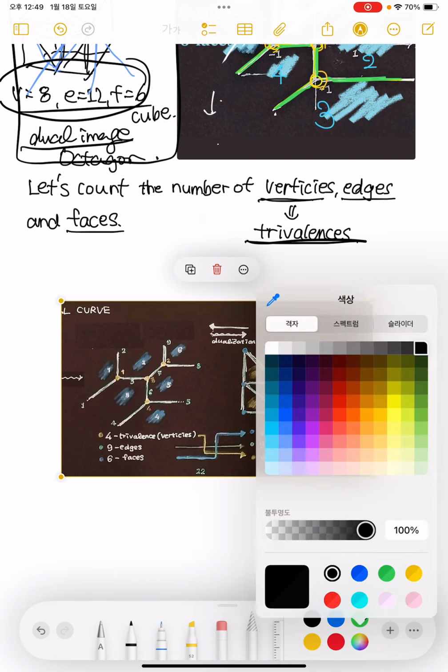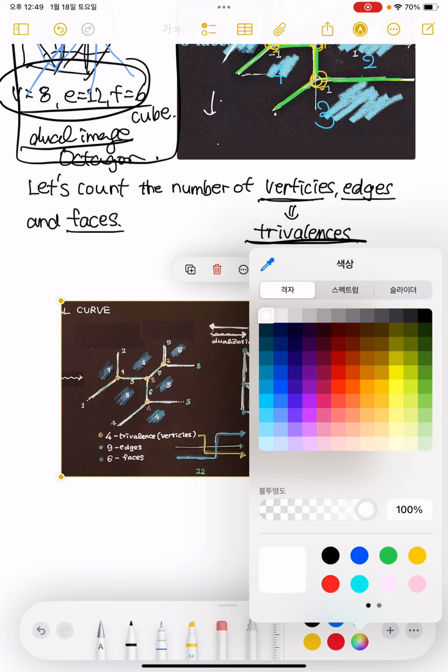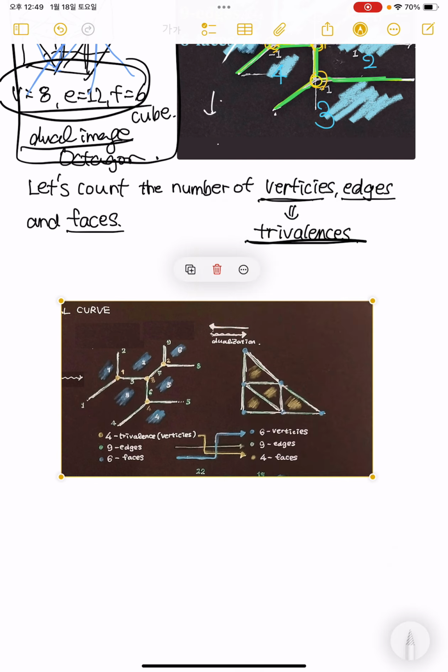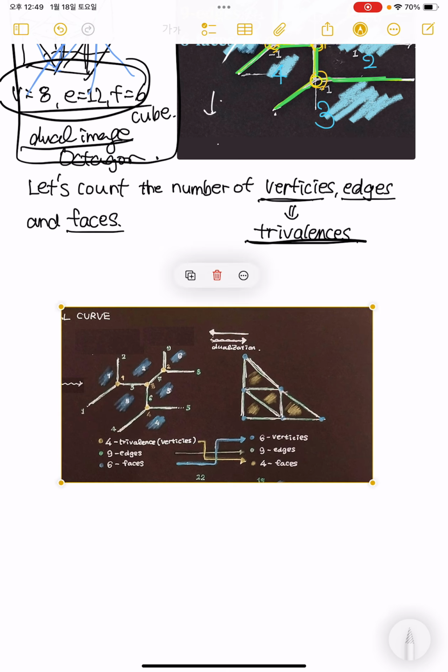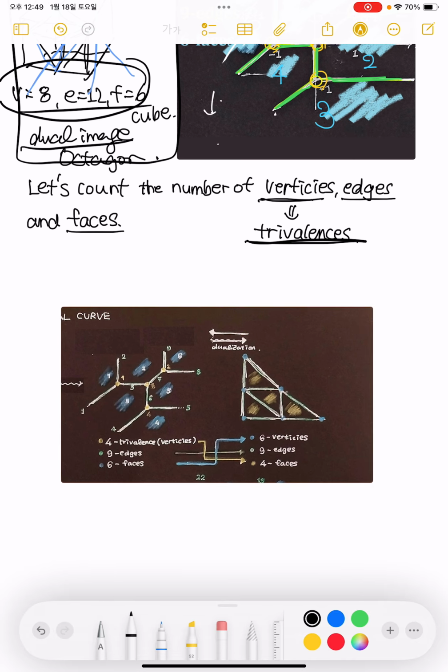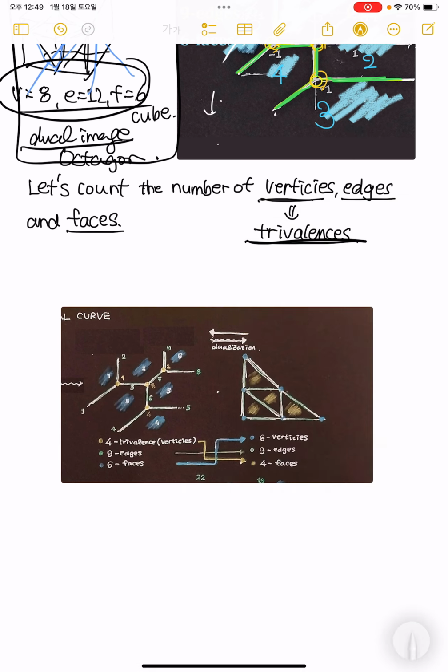When you think about the dual of the tropical curve, we can obtain the following image.